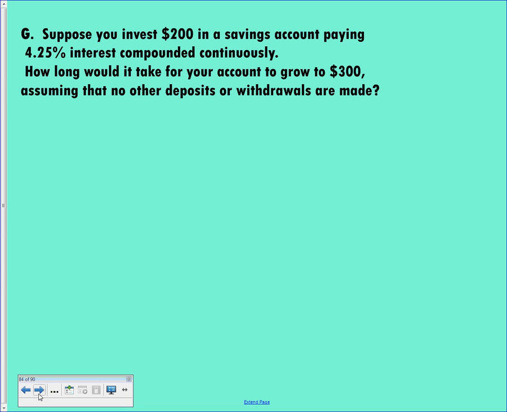Let's try another one. Suppose you invest $200 in a savings account paying 4.25% interest compounded continuously. Okay, there's that word again. And that means I'm using PERT. How long would it take for your account to go to $300, assuming no other deposits or withdrawals are made? So I've got my formula, A equals P e to the rt. Seems like I have more information this time.